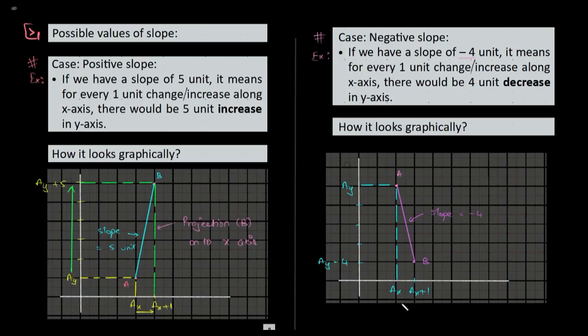If we increase this by 1 unit, there would be a decrease over here by 4 unit. This is your change along the x-axis, this is your change along the y-axis. Delta x is 1 over here, 1 over here, delta y is 5 over here, and delta y is negative 4 over here.